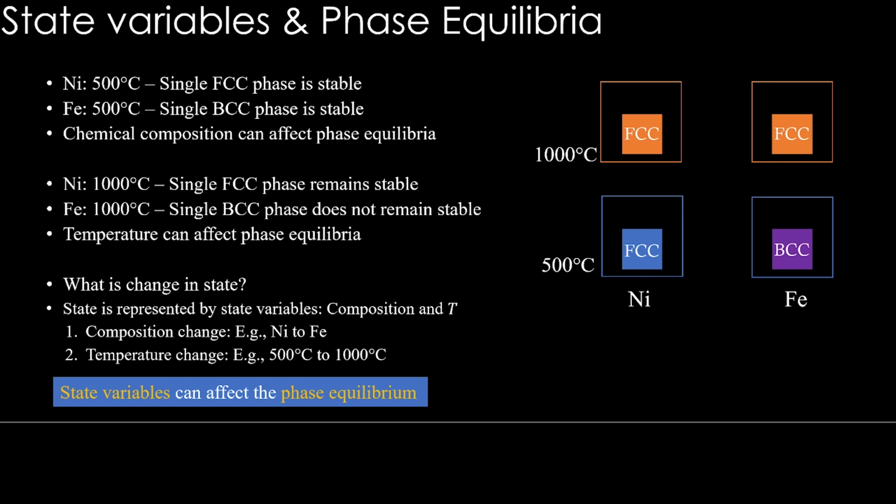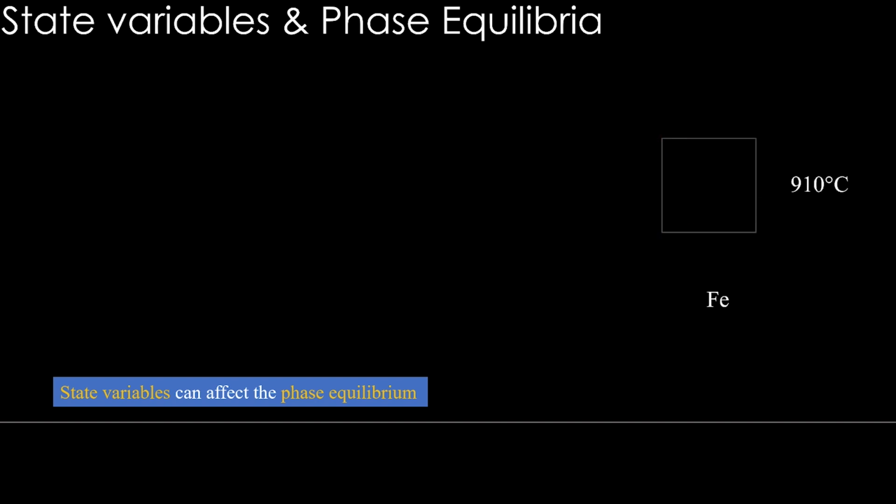Let's think about a slightly complex case. So you see this iron becomes FCC at high temperature from its low temperature BCC structure. So there should be a temperature at which possibly two phases exist together. In fact, that temperature is 910 degrees Celsius, where both BCC and FCC phases can be stable.